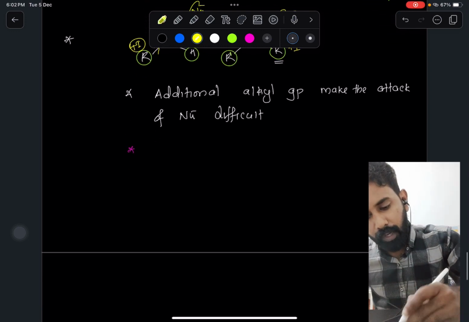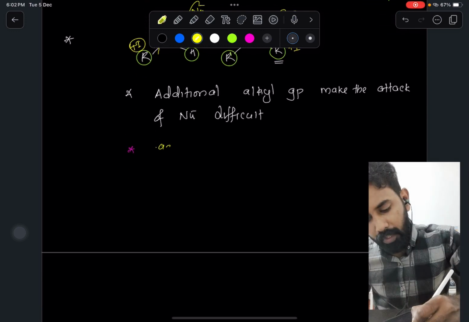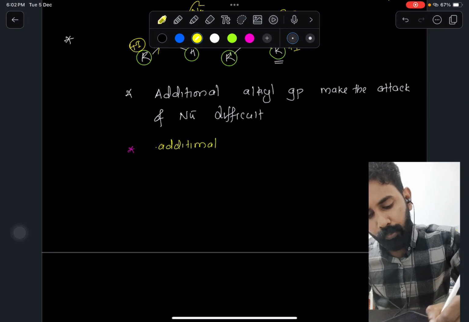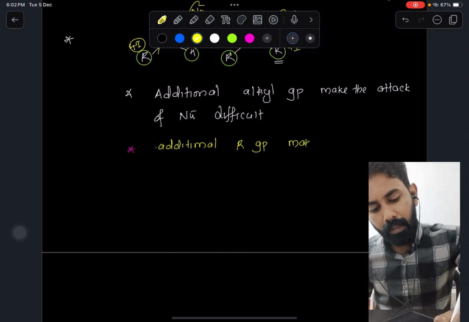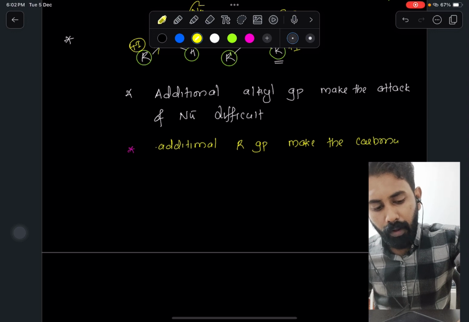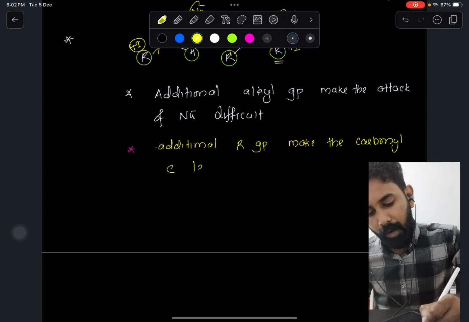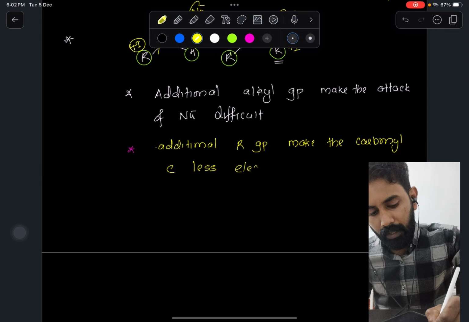So the second reason was the additional R group. Again, the additional R group makes the carbonyl carbon less electrophilic.